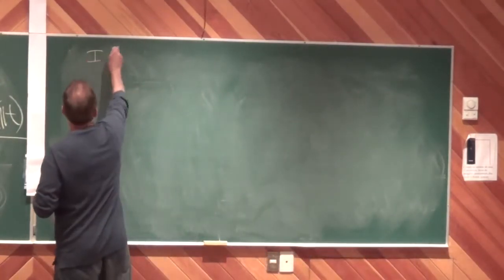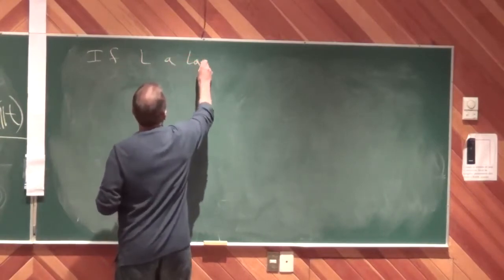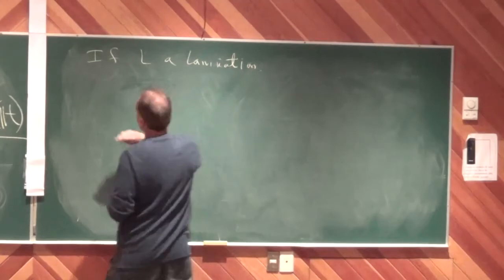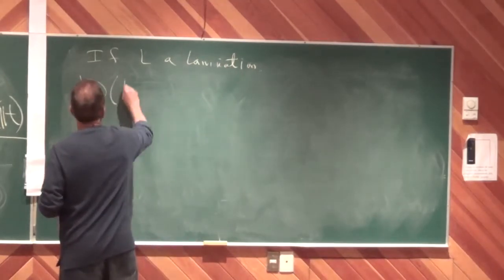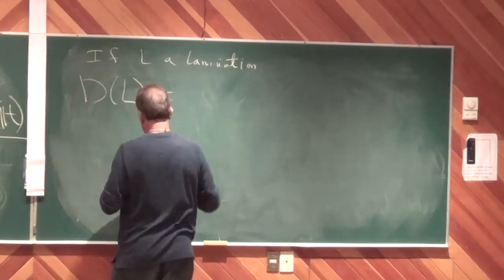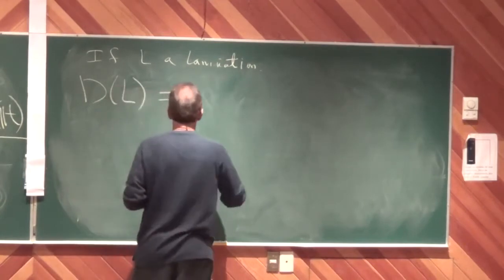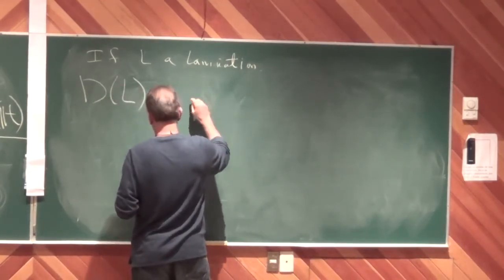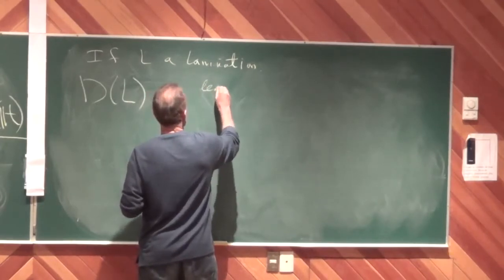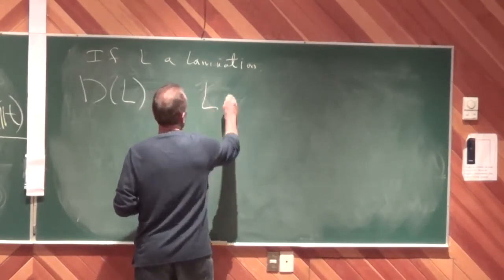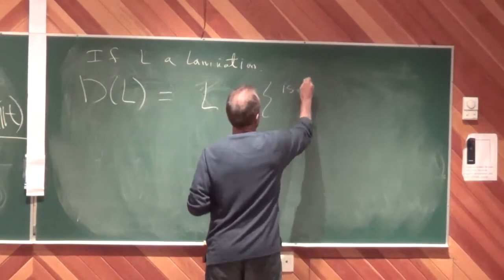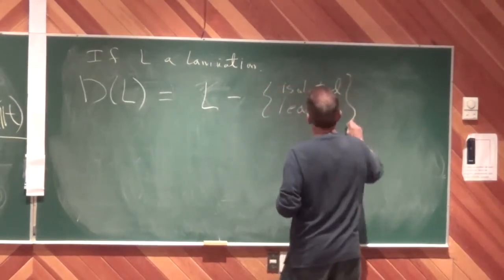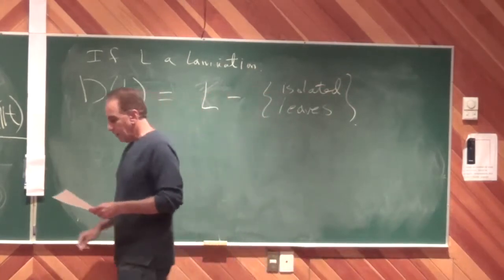So the lamination L. Then DL is, let me write it this way, L minus the isolated leaves.